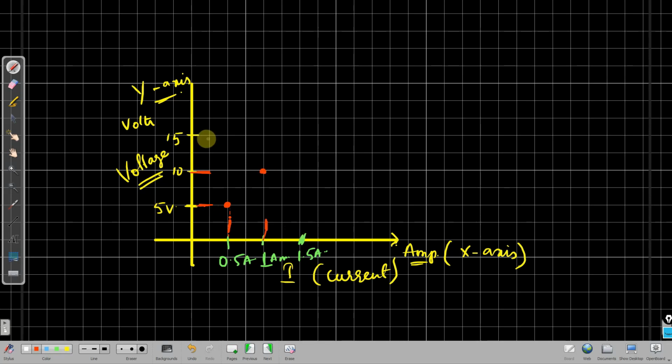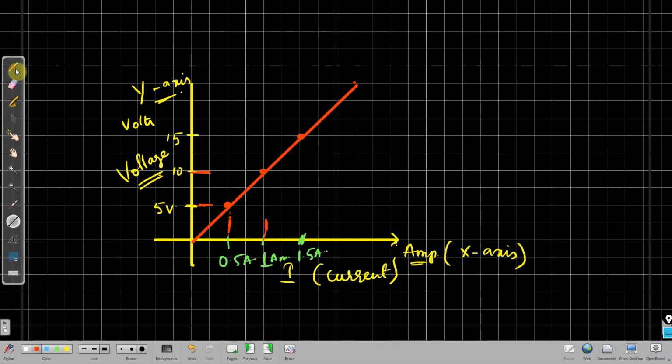And for 15 volts, the current passing was 1.5 amps, and the point comes here. And if you see, this is nothing but a straight line, right? We have just learned now that Ohm's law is verified only if the graph appears to be a straight line, a linear line. All right.